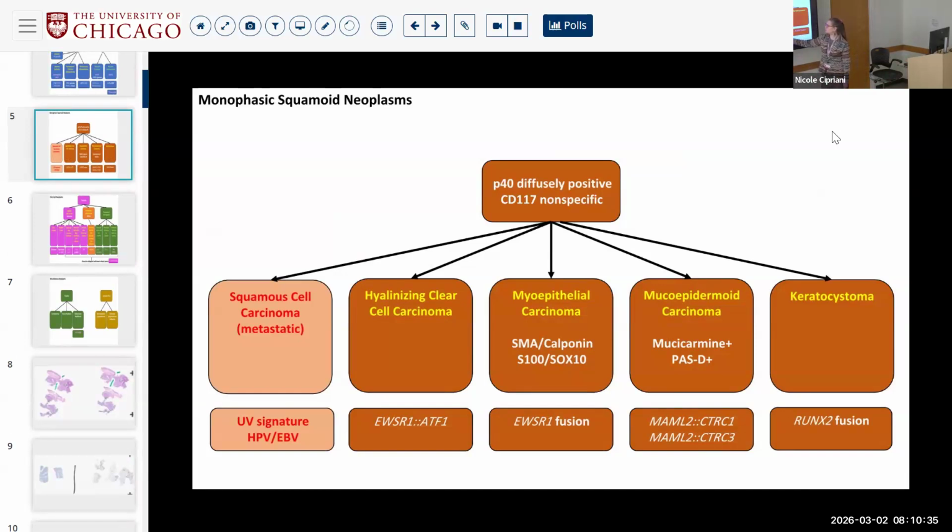Mucoep is one of those that should be diffusely P40 positive because it has this sort of intermediate and squamoid cell phenotype, but also mucin. And then lastly, always considering metastatic squamous cell carcinomas to the parotid. True squamous cell carcinomas of parotid probably don't exist. They're probably all metastases or some other basaloid variant of something else.